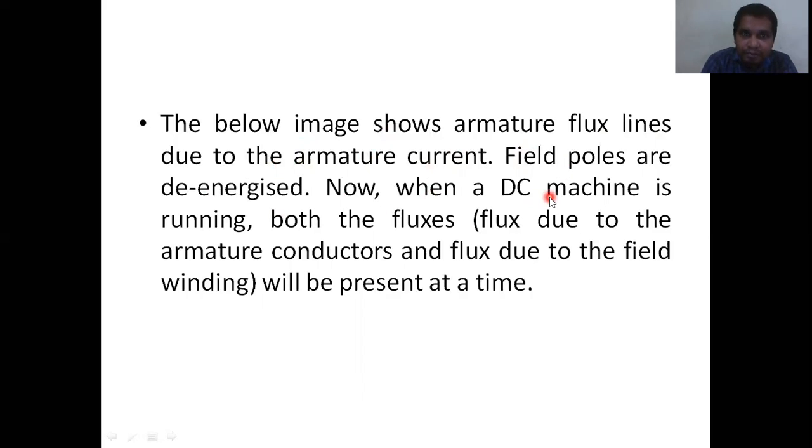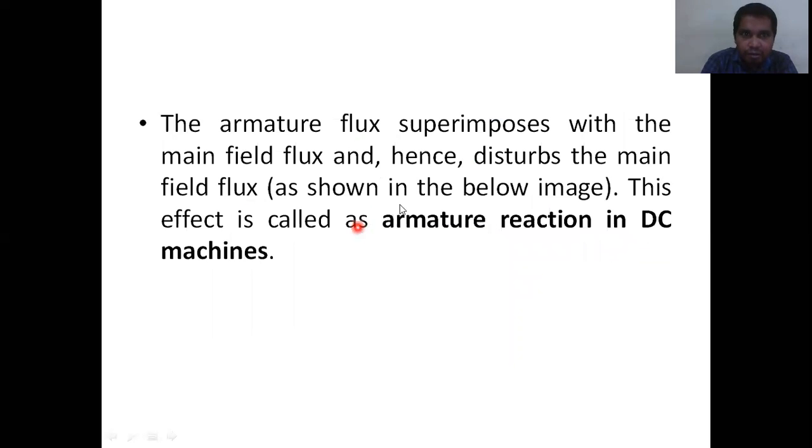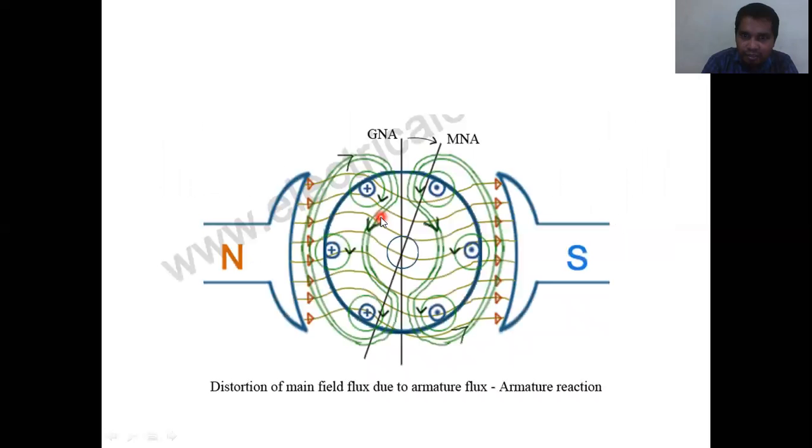When the machine is running, both the flux due to the armature conductor as well as the main field flux will be present. This only shows the armature flux. The resultant flux here shows the armature flux superimposed with the main flux, and hence it disturbs the main flux. That is called the armature reaction.